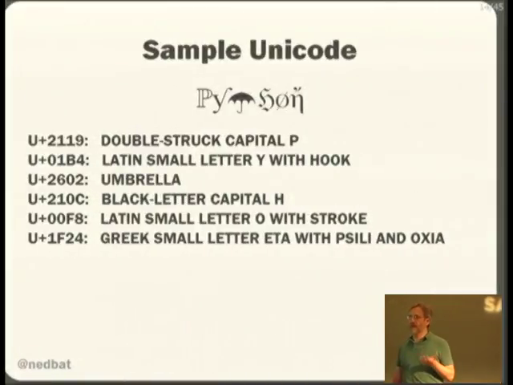Here's a sample of some exotic Unicode characters. Every Unicode character, as I said, is assigned to an integer. That integer is called its code point. It's written with a capital U, a plus, and then hex digits. So for instance, the double-struck capital P is Unicode 2119. Every character also has an unambiguous uppercase ASCII name. So these names are defined by the standard. And there are ways, for instance, in Python that you can use Unicode characters by their name rather than by their number.